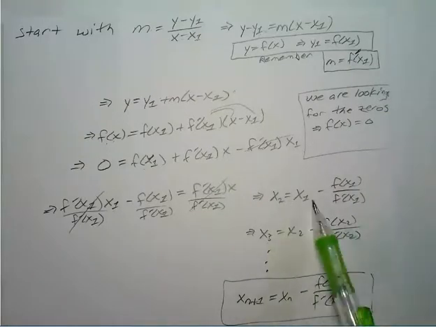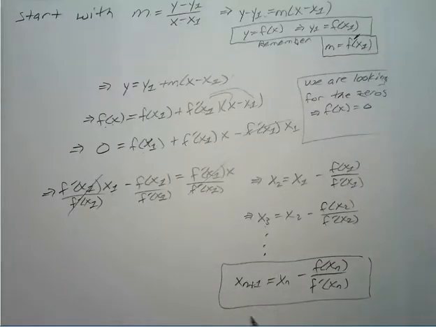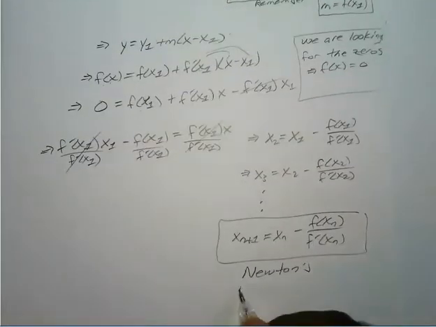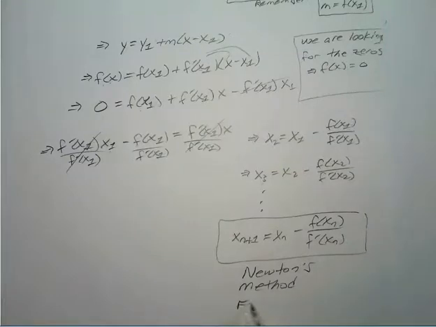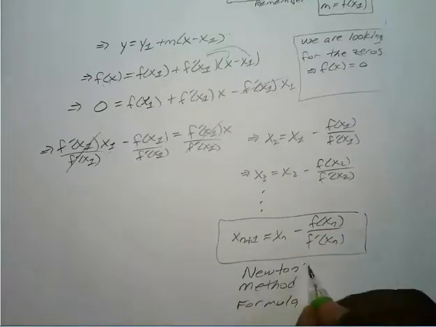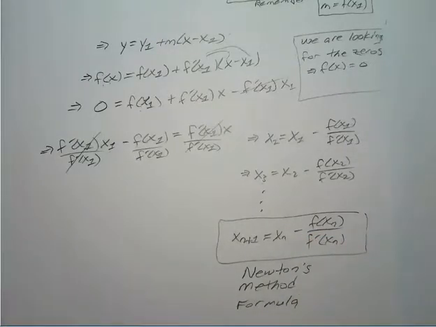You have your 2 here and all of those are x sub 1s. So that's where that formula comes from. So this is your Newton's method formula. Let me clean up that. There we go. Alright, if you are still writing, feel free to press pause.